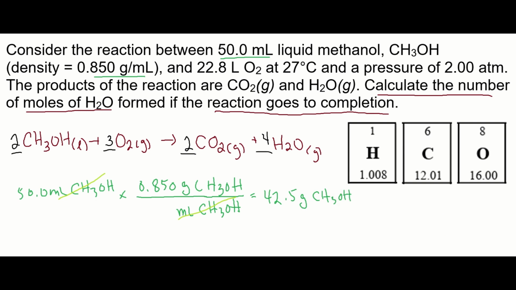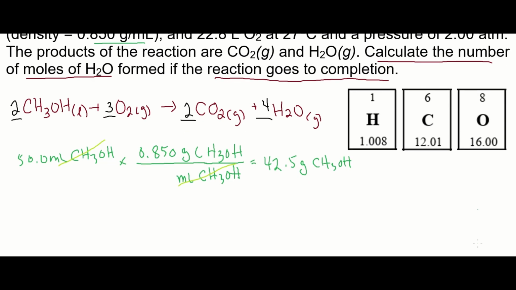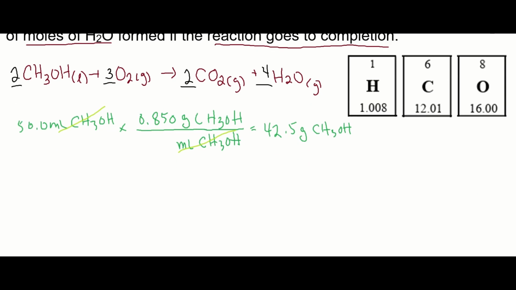Now that we have mass, let's use the molar mass to get moles. Methanol has 1 carbon. The carbon's molar mass is 12.01. It has 4 hydrogens. Hydrogen has a molar mass of 1.008. That's going to be 4.032. And there's 1 oxygen.